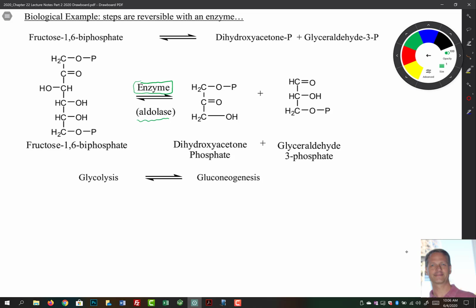Glucose under metabolism goes to glucose 6-phosphate, then fructose 6-phosphate, then fructose 1,6 bisphosphate. And then aldolase sees this and cleaves it into dihydroxyacetone phosphate and glyceraldehyde 3-phosphate. The reverse reaction of this is gluconeogenesis, making of new sugar.